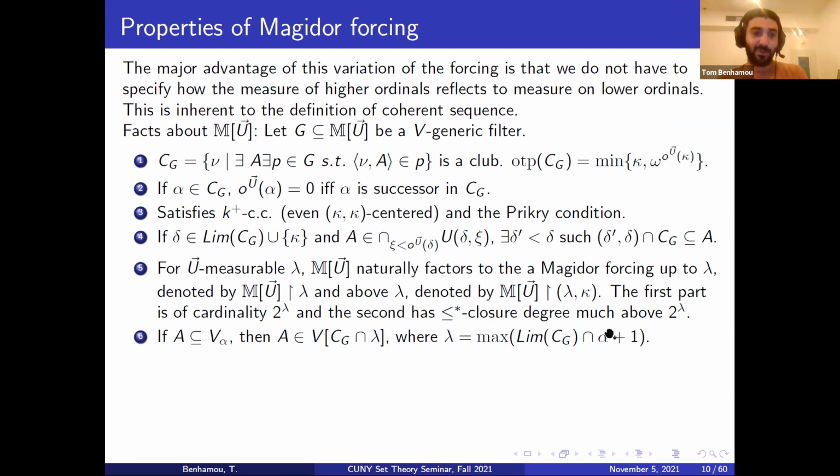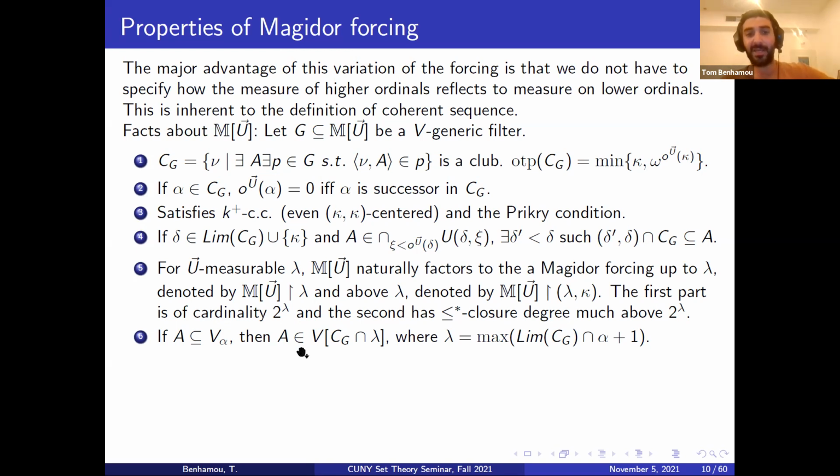So take any A which is a subset of V alpha. It's not written here, this is a typo: A is a set in the generic extension VG, which is a subset of V alpha. V alpha is the regular V alpha, but from the ground. For example, you can think about a set of ordinals, which is a subset of the ordinal alpha.